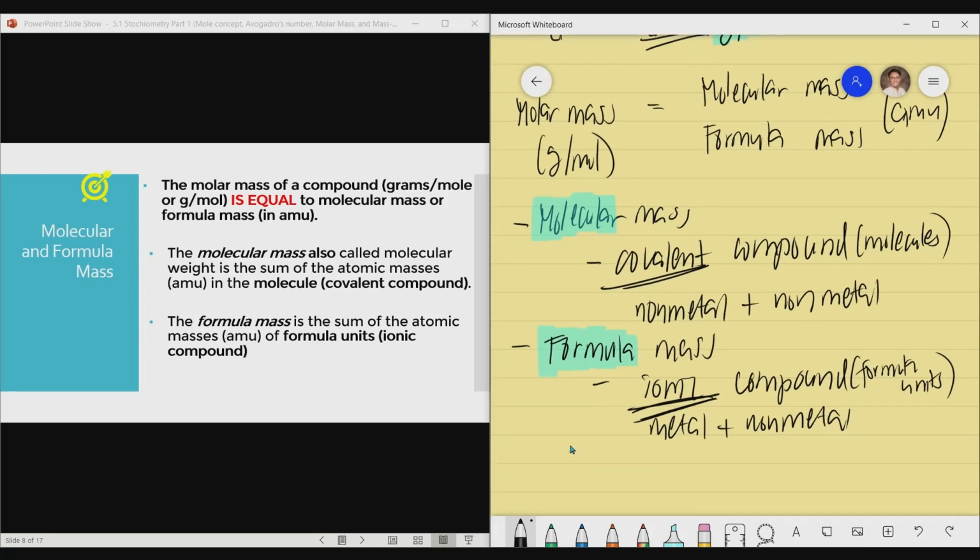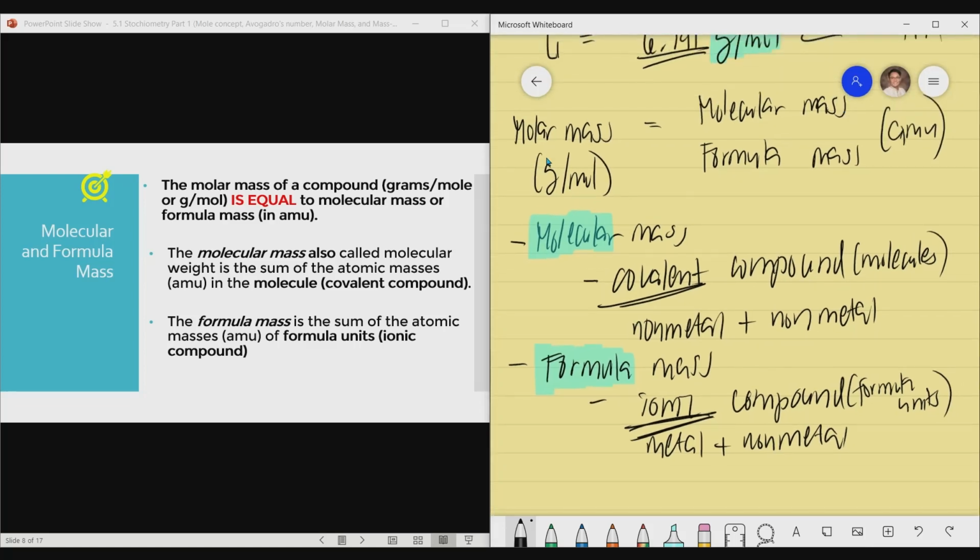Let me repeat. Whatever the molar mass is, or gram per mole, parehas ang value. Pag sinabi value, yung numero. Kung ano yung numero ng molar mass mo, yun din yung magiging numero ng molecular at formula mass mo. Ang pinagkaiba lang ay from gram to mole, magiging AMU yung unit. And then furthermore, although parehas si molecular mass at formula mass in terms of unit AMU, the difference is how we use it as a label.